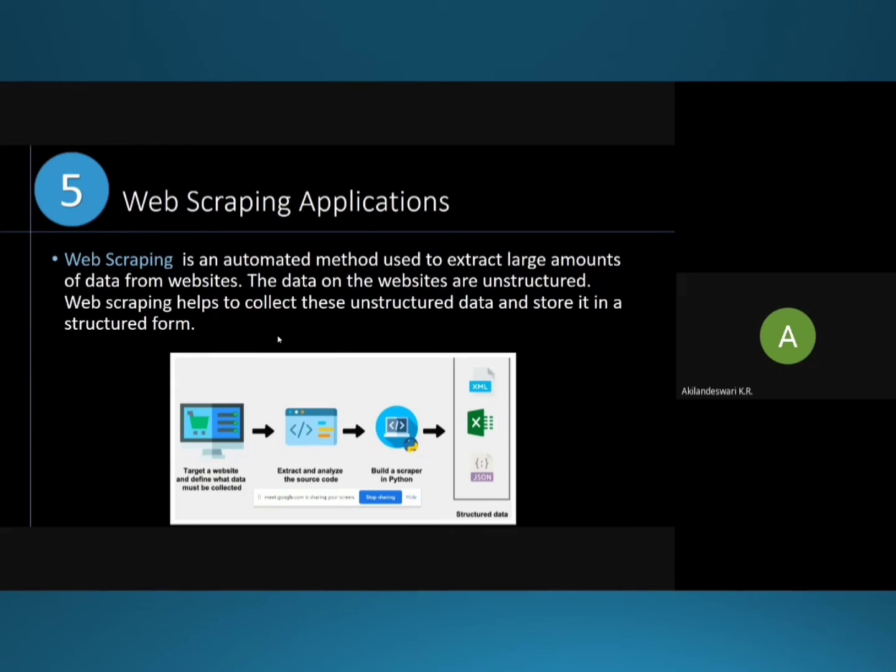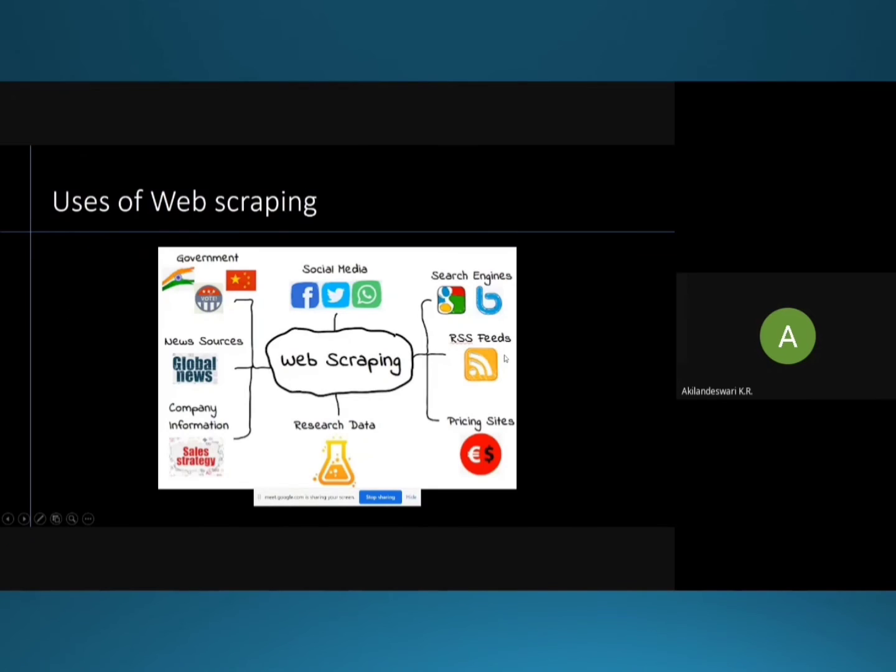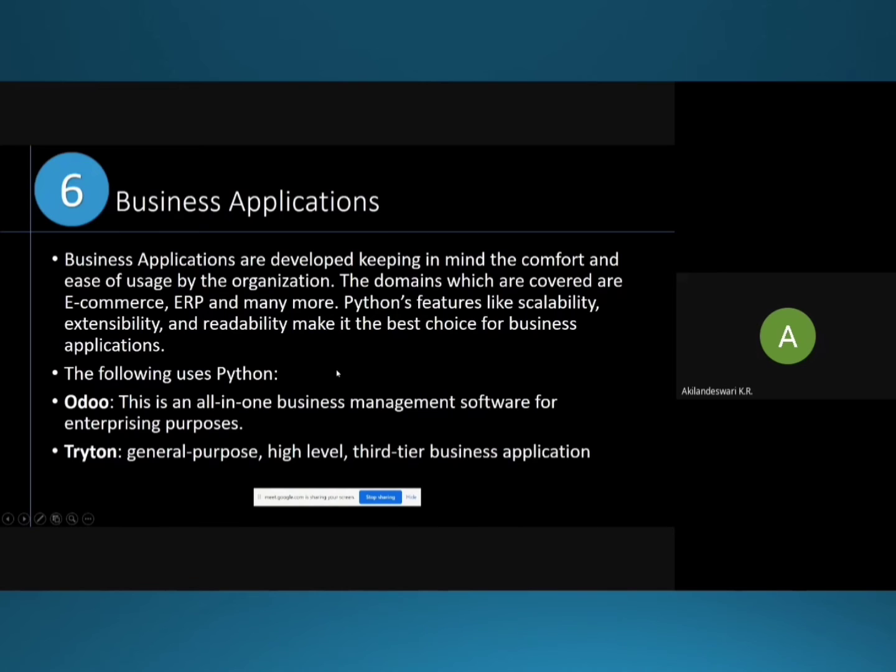For this, we have some libraries through which we can do web scraping. And moving on to the next slide, the uses of web scraping include research data, search engines, social media. For this kind of purpose, web scraping is used, and for this, Python is being used. So this is all about web scraping.